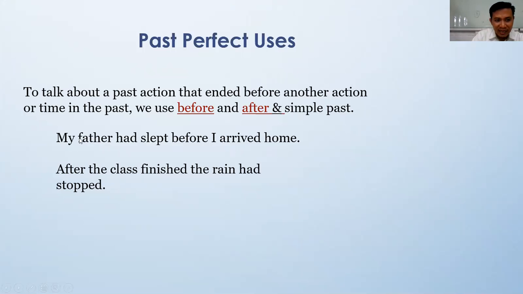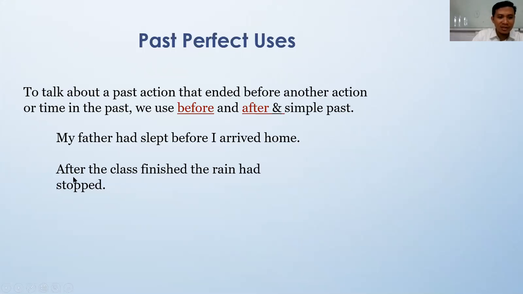The past perfect tense is my father had slept. This is past perfect tense. And then I arrived home. My father had slept before I arrived home. So my father slept first and then I arrived home. So this is the first action and this one is the second action.